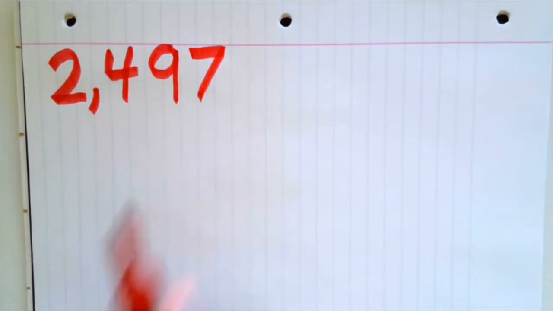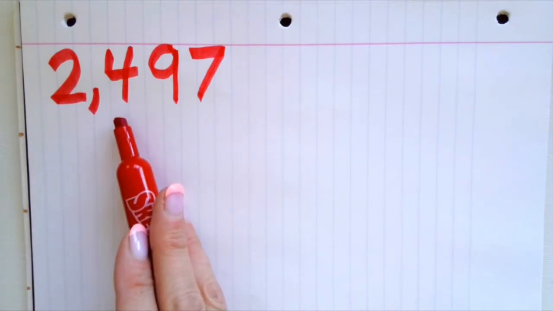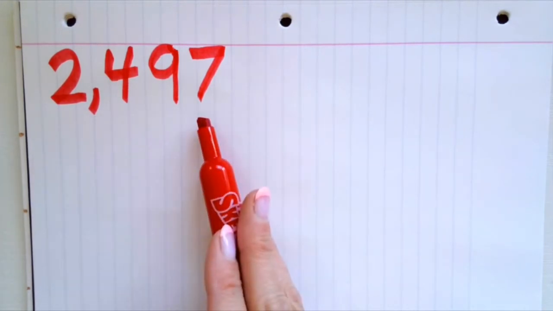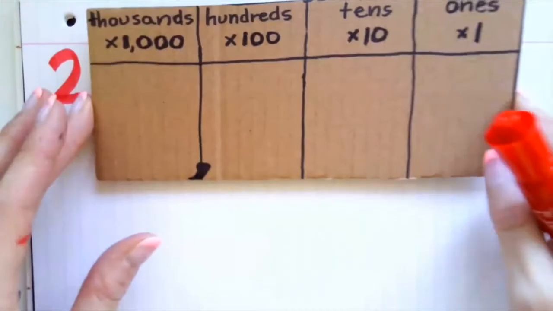What number did I just write? How do you say that number? 2,497. What is the value of each digit in 2,497? We'll use a place value chart.